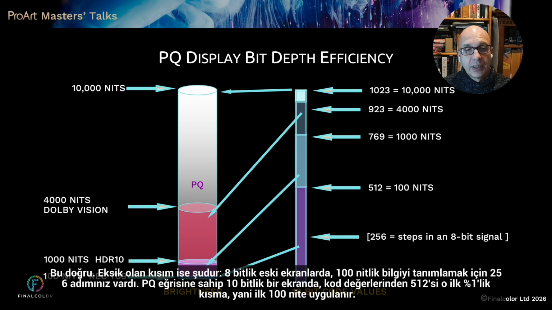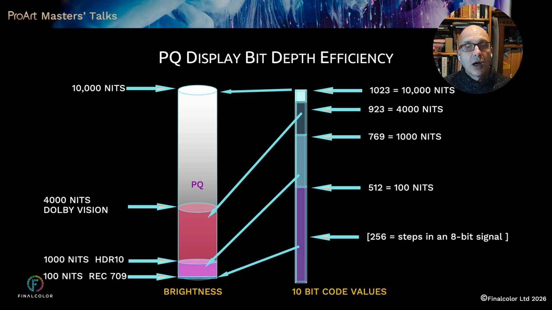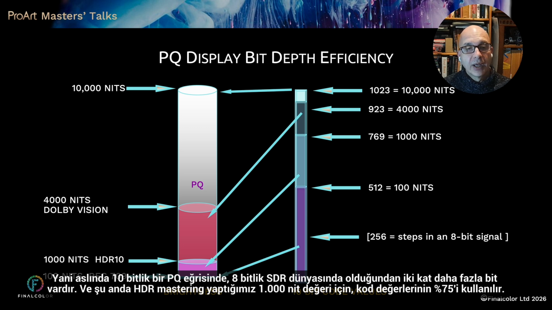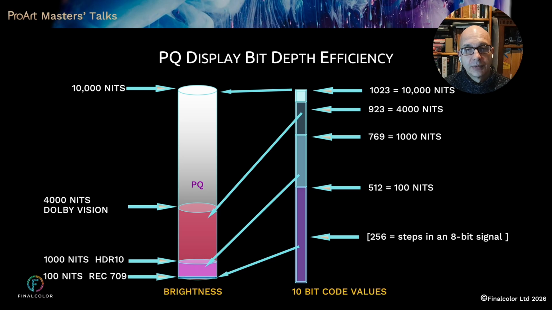On a 10-bit display with a PQ curve, 512 of the code values are applied to that first 1%, that first 100 nits. So actually there's twice as many bits in a 10-bit PQ curve as there ever were in the 8-bit SDR world.